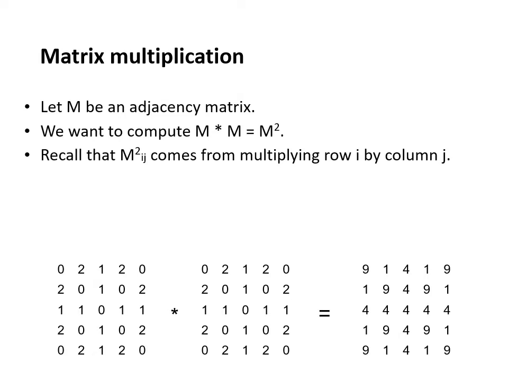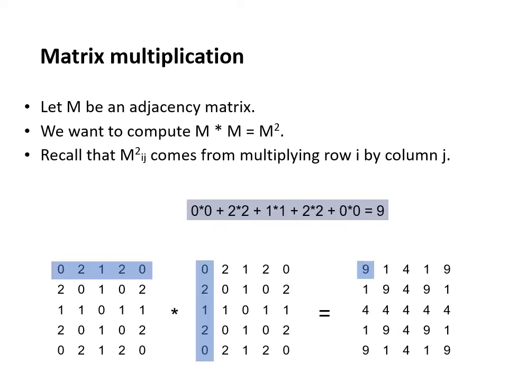So this is just a gentle reminder of how to do matrix multiplication. Let M be an adjacency matrix, and we want to compute M times M, or M squared. Recall that entry ij of M squared comes from multiplying row i by column j. And how do we multiply them?